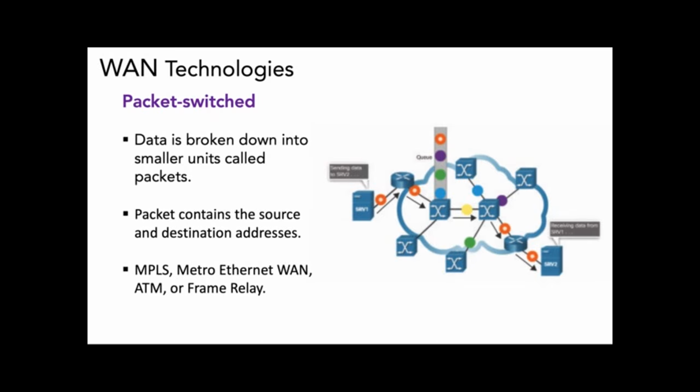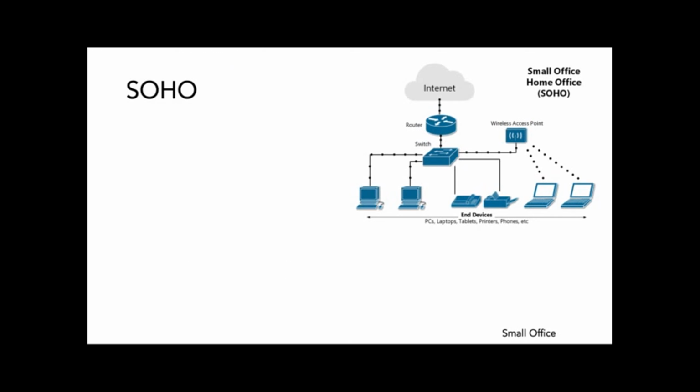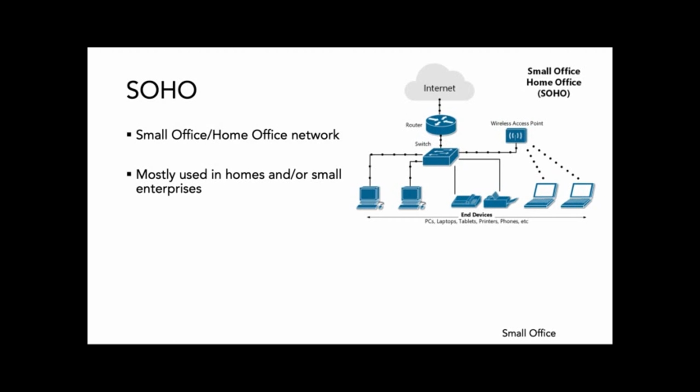So let's move on to another type of architecture, that is SOHO architecture. SOHO is the abbreviation for small office, home office network. As the name suggests, it is mostly used in homes or small enterprises. SOHO refers to the design and implementation that have a small volume of requirements, such as a few switch ports, a few access points, a router, and a WAN link.